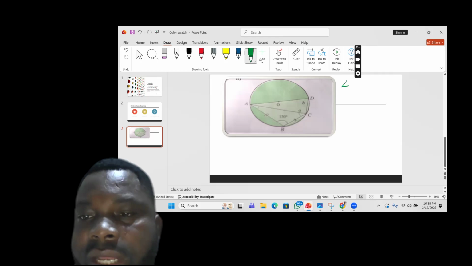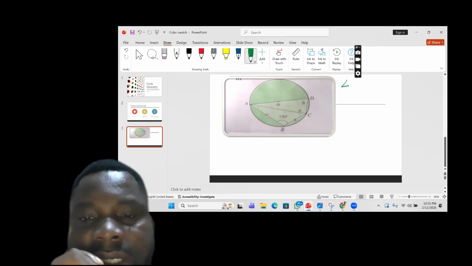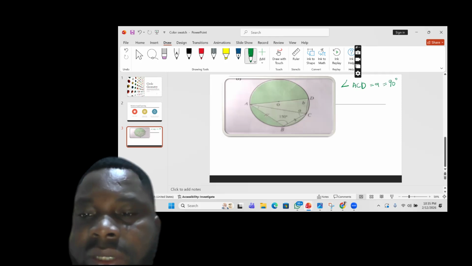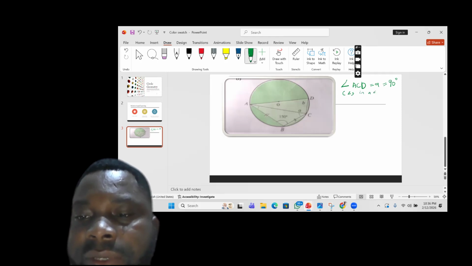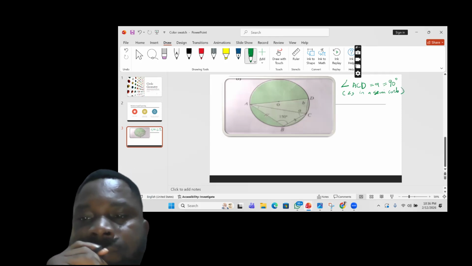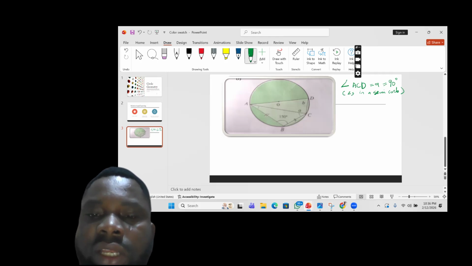That one is very easy because of the rule of angles in a semicircle.